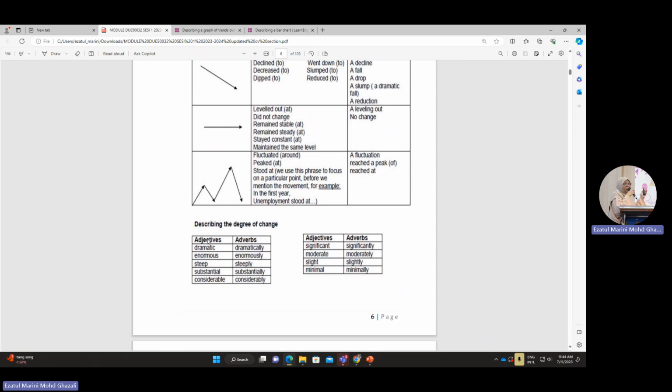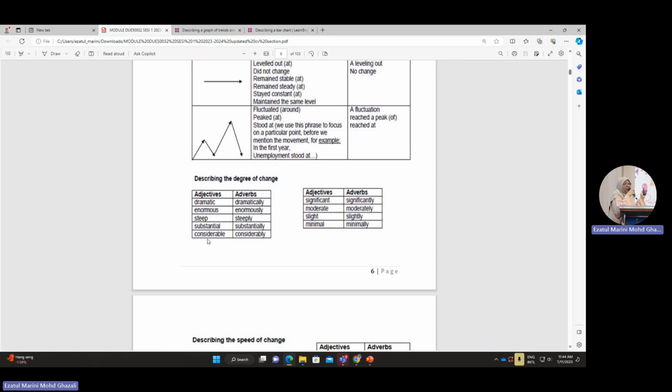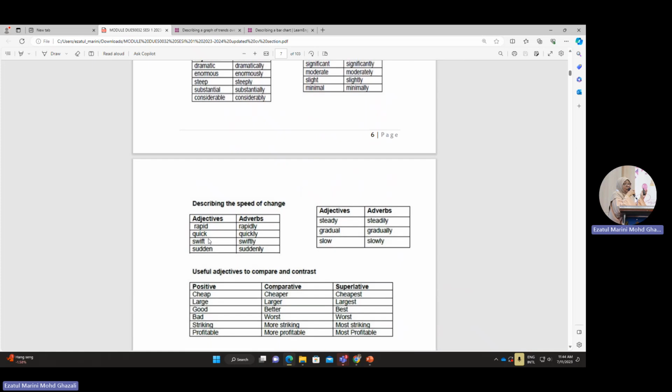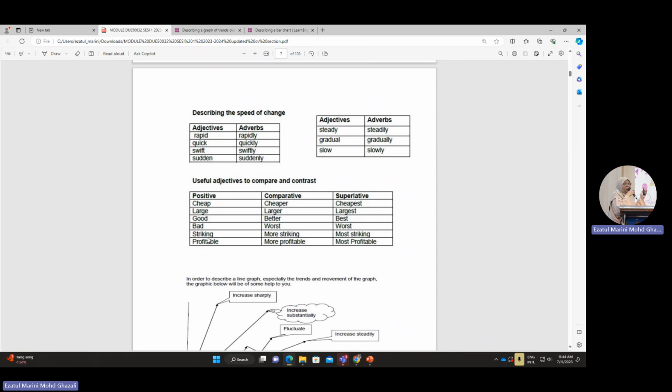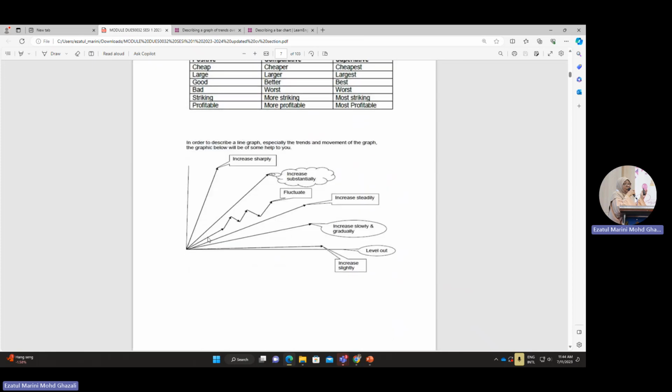And then here, when you are describing the degree, how fast, how slow, the speed, and also the comparative, how to compare and contrast. If you look at the graph, this is how to describe the trends and movement of a graph.